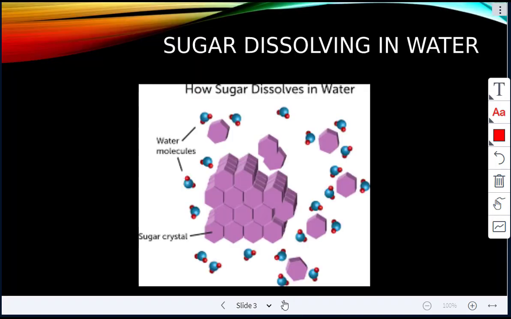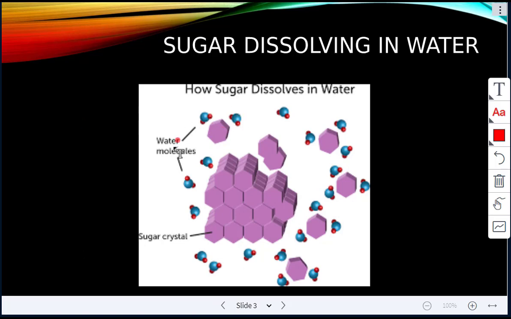So we'll look at this picture here of how sugar dissolves in water. So these are the water molecules here shown in blue and red, representing H2O. And then we have the sugar. So what we see happening here is the water molecules are attracted to the sugar particles, and they're able to come in and pull them away because particles are always moving.